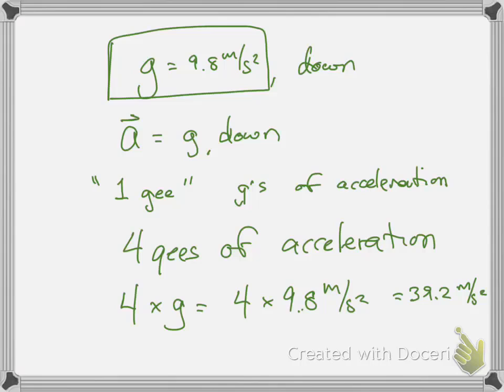That's really what happens when people pass out when they undergo high accelerations: the blood doesn't make it to the brain because it's essentially being left behind. So airline pilots, if they're going to be undergoing high accelerations, tend to do a couple things like wear a pressure suit, which keeps the blood more evenly distributed throughout the body, or they sit in a reclining position so that if they are accelerating, the blood is more likely to go to the head than to the feet. So anyway, let's talk about what 4 g's of acceleration means.